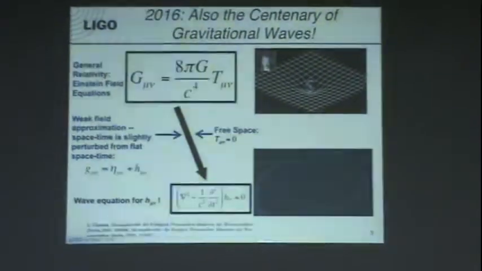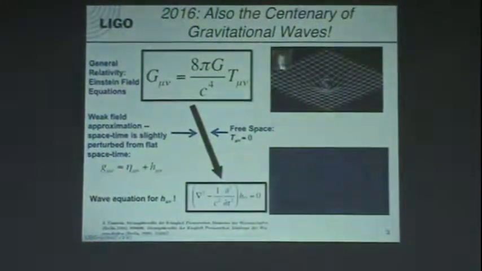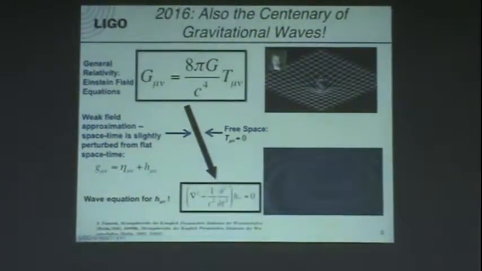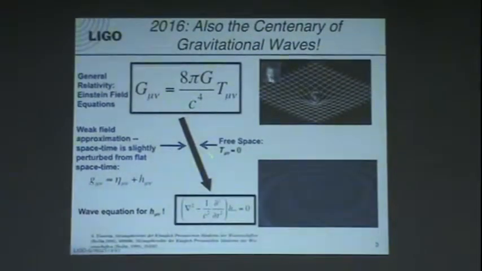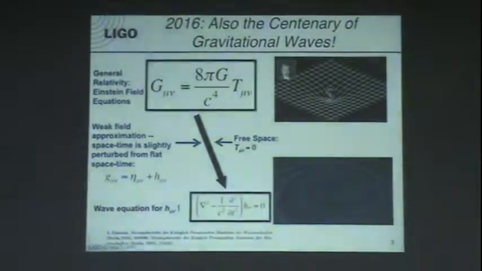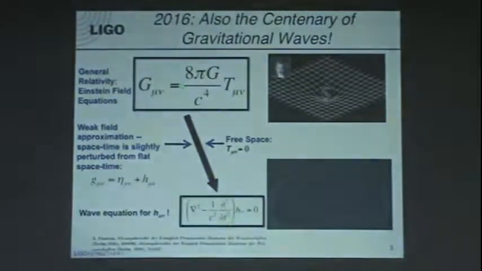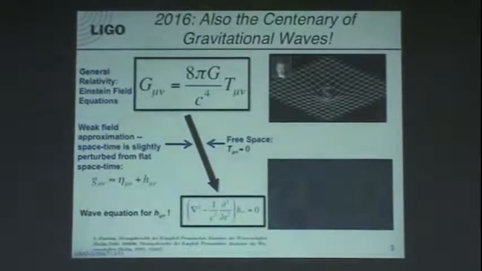So let me begin. This is a one-slide introduction to gravitational waves and general relativity. Einstein, a little over 100 years ago, postulated this famous equation, and I will not go into too many details about the equation, but I want to say three things.